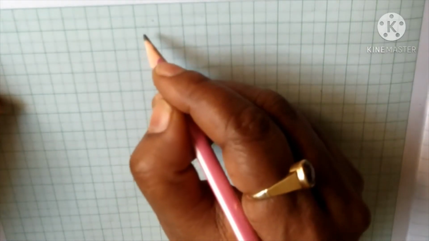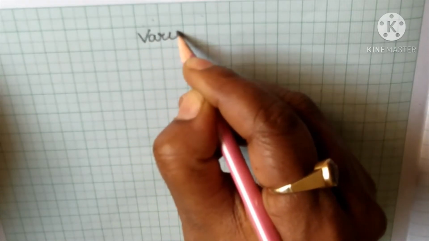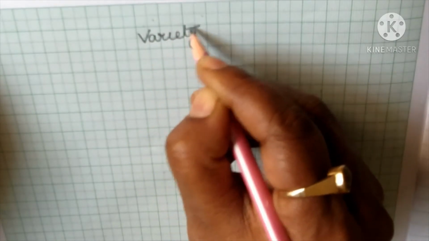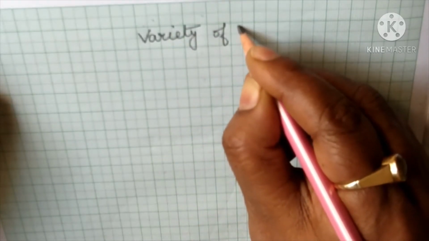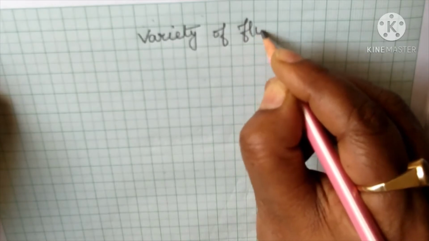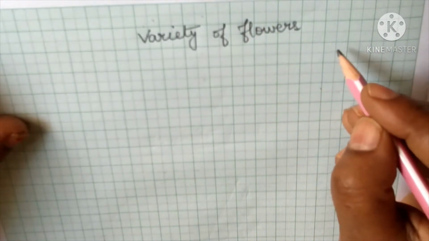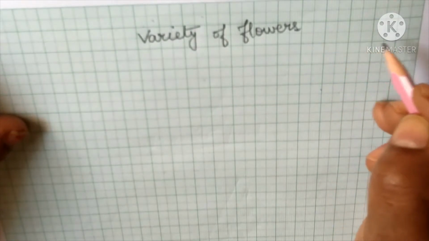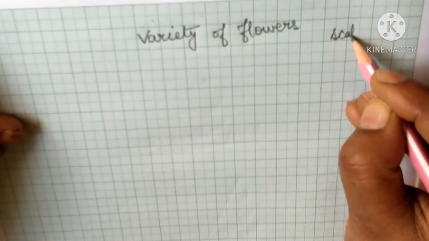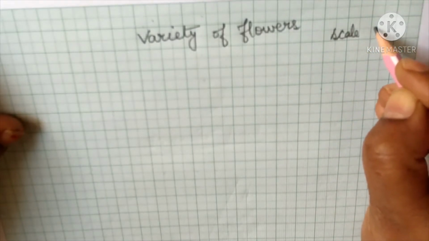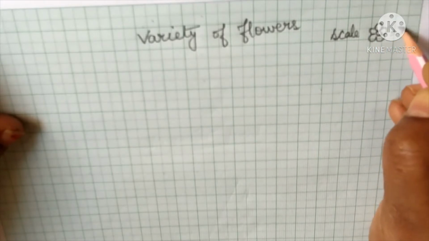So the title is variety of flowers. Then the second part is we have to make a scale. I am making a scale here. We will write down here scale. Scale is 1 flower is equal to 2 stems.